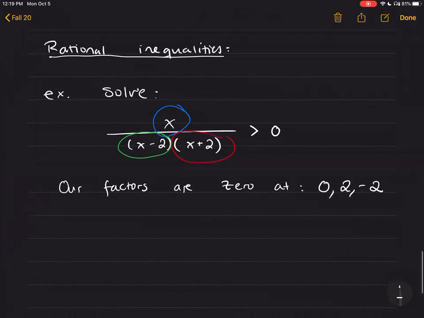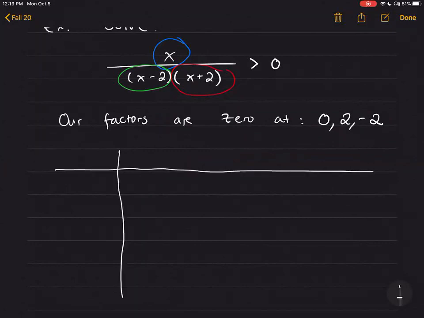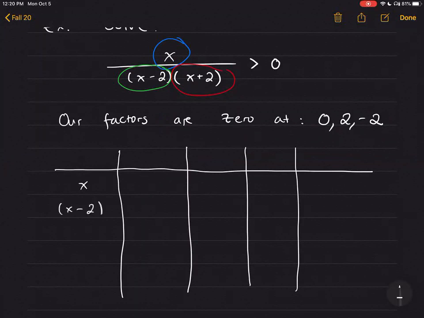Okay, so now we're going to do a table like we did last time. This time it's going to be a little bit bigger because we've got more things. Let's see, 1, 2, 3, 4. I think that's all I need. So then we've got x, and then we've got this factor, and we've got this factor.